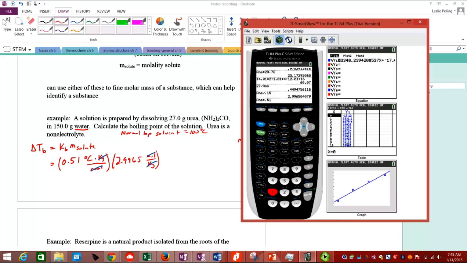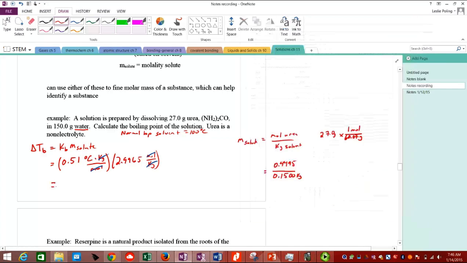Multiply it by that 0.51 and we get, now's when we'll round to two significant digits, 1.53. So that is the change. So the new boiling point would be 101.53 degrees Celsius.